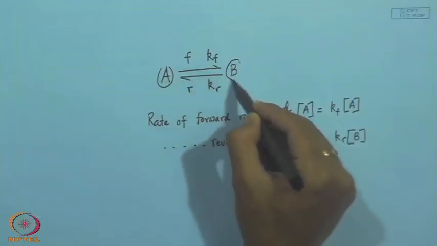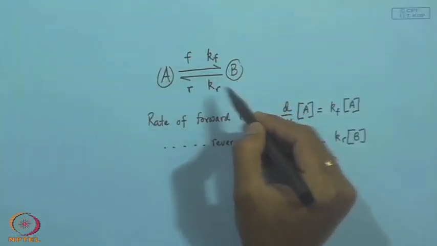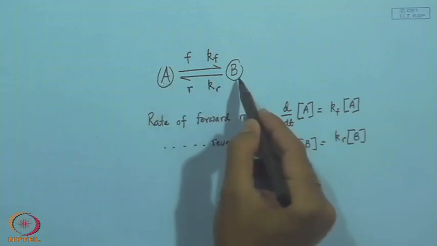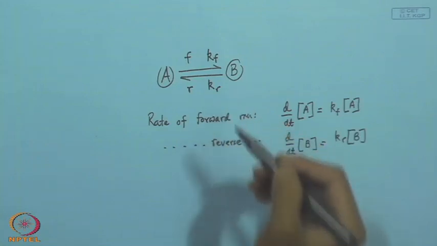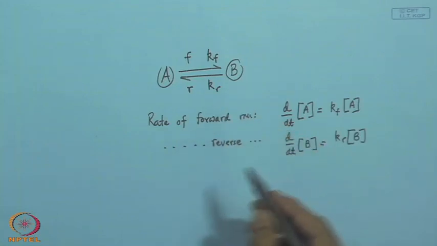So, what is happening at equilibrium? At equilibrium virtually there is no change in concentration. That means if we consider a particular constituent like A or maybe B, with time there is no change in concentration of A or maybe the concentration of B if equilibrium has been attained.